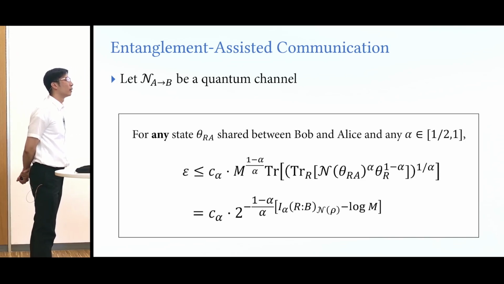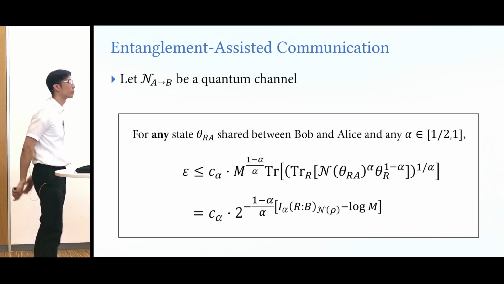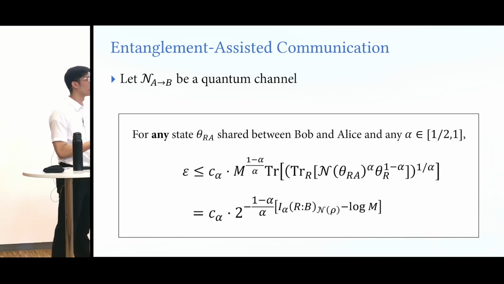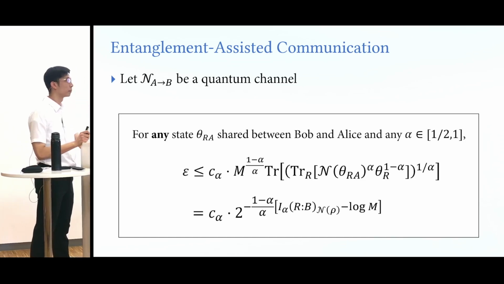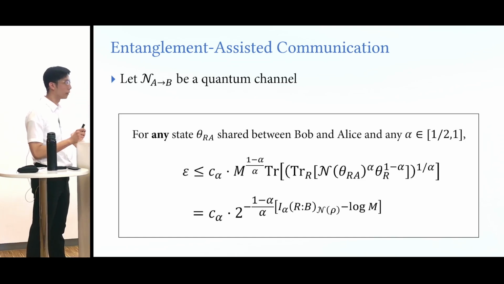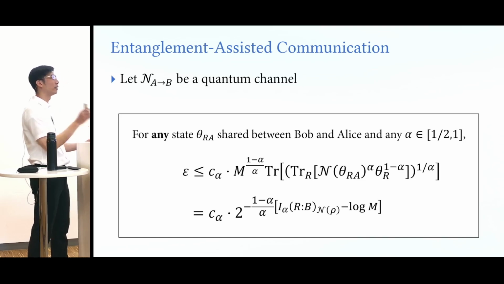So you write this Beigi-Tomamichel pretty good measurement in terms of this. You have this operational interpretation in terms of a randomized Holevo-Helstrom. Is there something similar for the standard pretty good measurement? I don't think so. It's because this log derivative has this very unique structure.